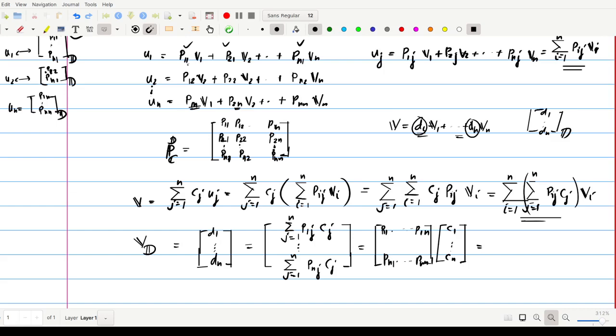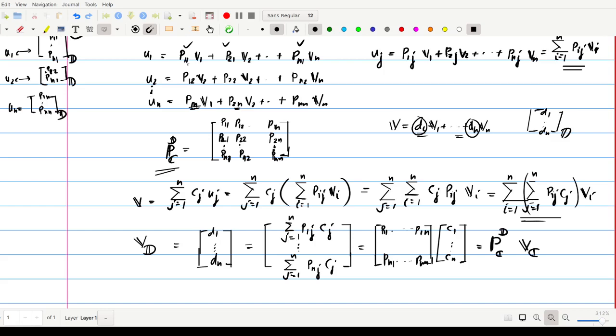We know that the matrix is denoted by P from C to D. So we have this matrix times c1, c2, cn, which is nothing but the coordinates of v relative to the basis uj, that is the basis C.